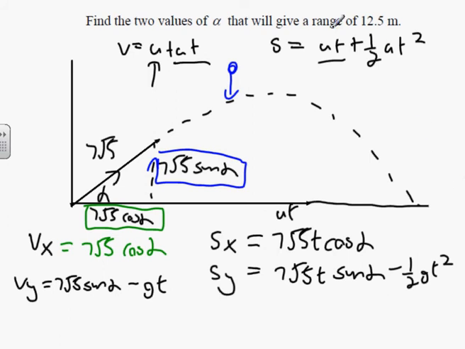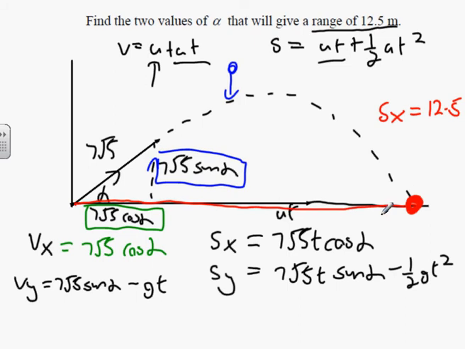Now, can anybody tell me what the word range means? Range is the distance you cover going left to right. Your range ends here. What happens at this point? Your sx equals 12.5. It tells you you've traveled 12.5 meters in this direction.